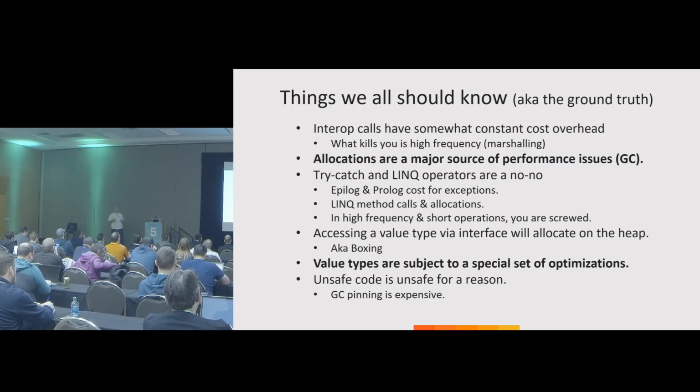This is like the sanity check. This list is like the sanity checks. But I want to watch 2 in particular, which is allocations are a major source of performance issues, which is something that we know already, but also a tidbit that is probably not so known in the community, which is value types are subject to a special set of optimizations by the just-in-time compiler. This is important. This is what the entire talk is going to be around after we end the introduction stuff.